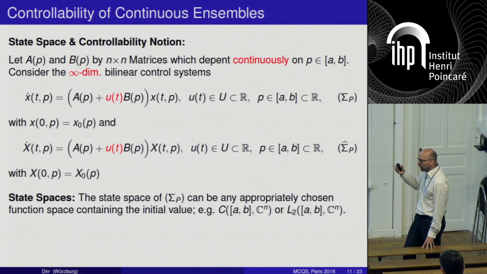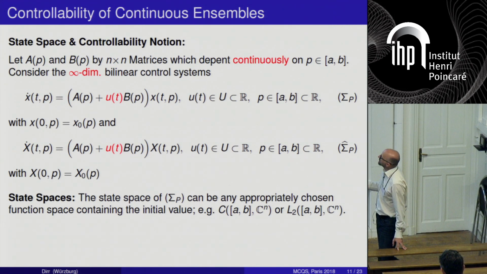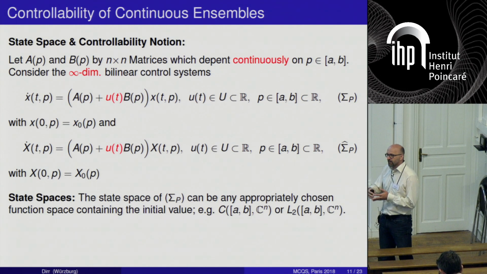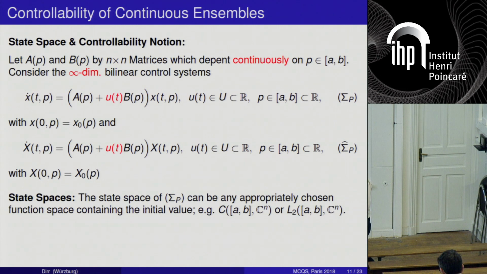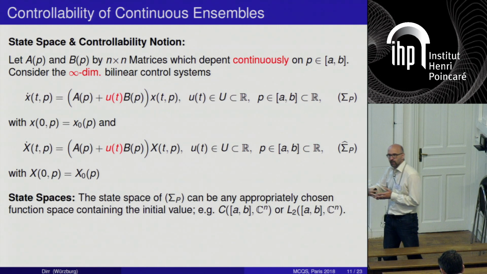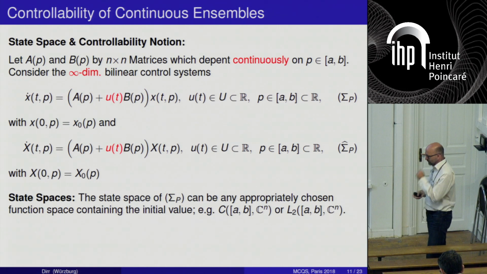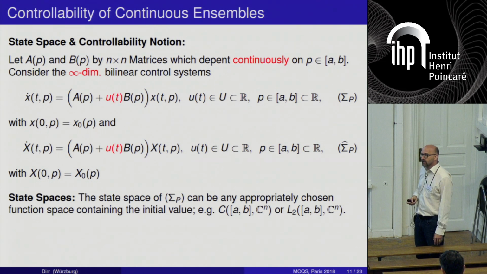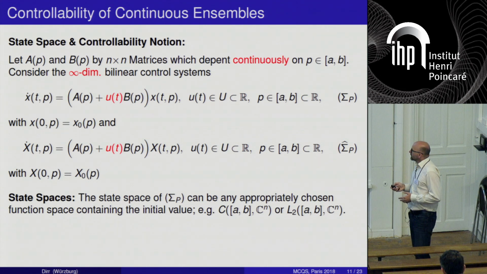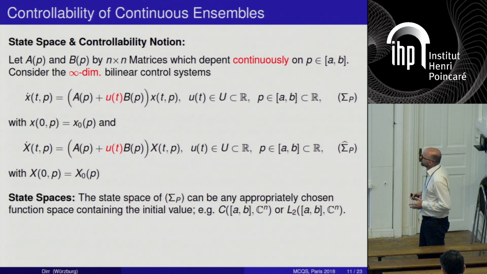All you have to satisfy is that the corresponding infinite dimensional space is invariant under these multiplication operators. So you can choose the set of continuous functions. You can also choose L2 functions or any other LP function. All of these spaces are left invariant under these multiplication operators. So there is a certain degree of freedom in choosing the right state space.